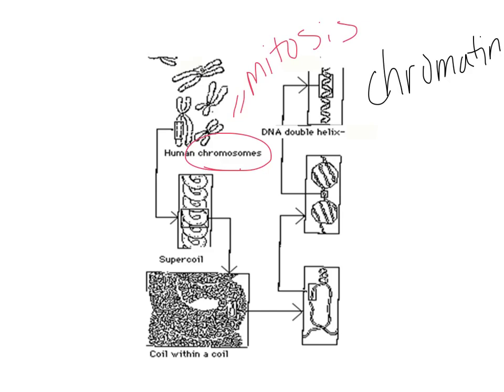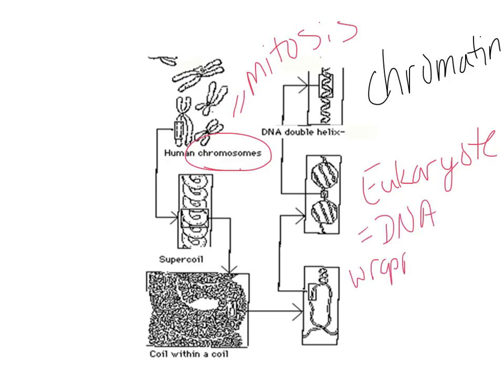In eukaryotes, so in cells that have organelles, the DNA will be wrapped around proteins called histones. And that helps to condense that DNA since there's so much of it in each of the cells.